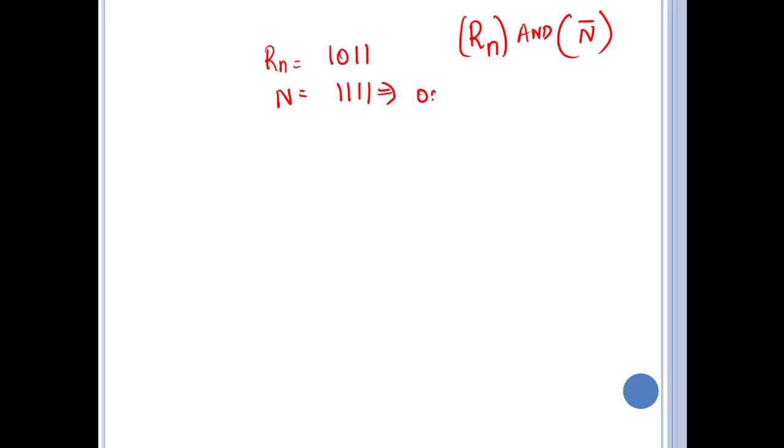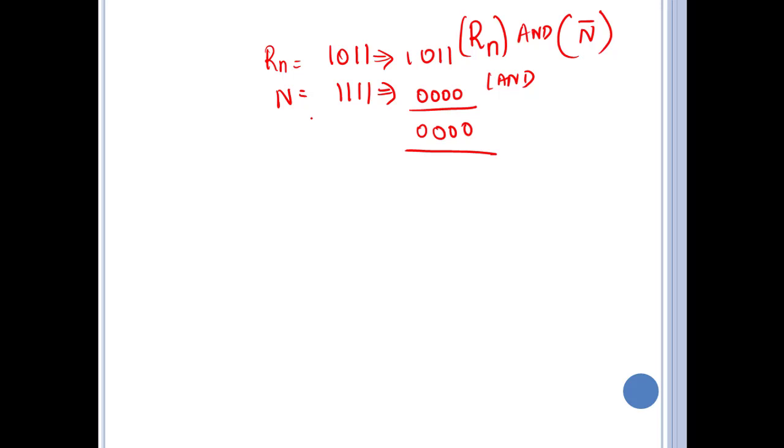You will have all 0s, and this 1011 will be retained as such. What will be the result if you AND? You will get 0000. This is the result. Am I right?